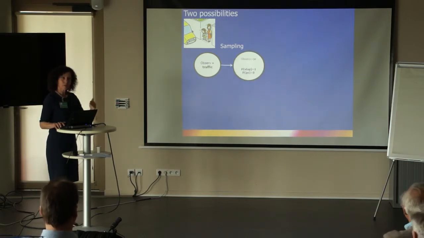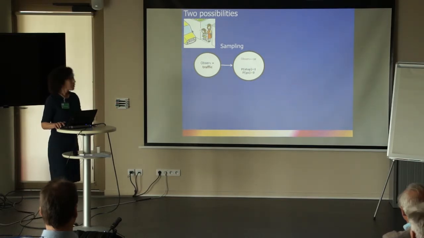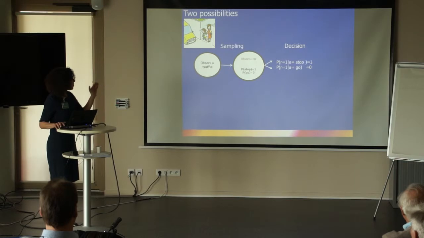Then I can observe either there is a car there or not, and that observation will tell me the probability of the most desirable action. If I see a car, I should stop and not go. So my probability of getting a reward is 1 if I stop, and 0 if I go. In either case, whether the observation tells me to stop or to go, I'm getting a high probability of reward.